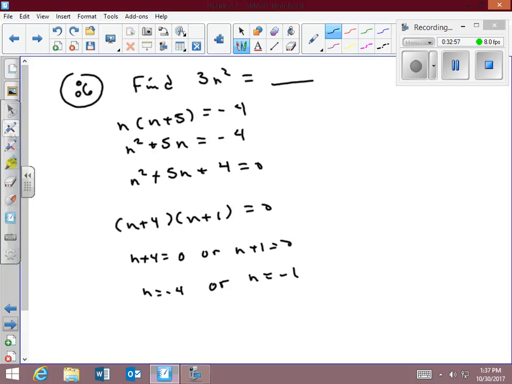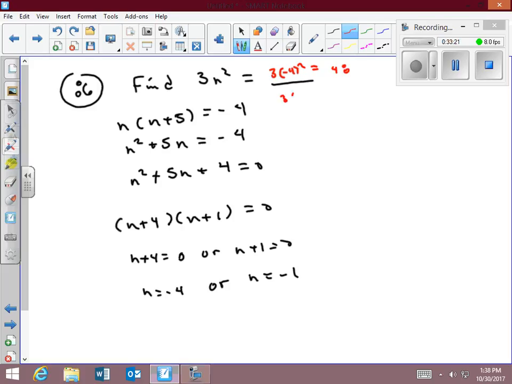Both of those satisfy it, so then what you do is you take that minus 4, there's two answers. One of them is 3 times minus 4 squared, which is 3 times 16, is 48, is that right?